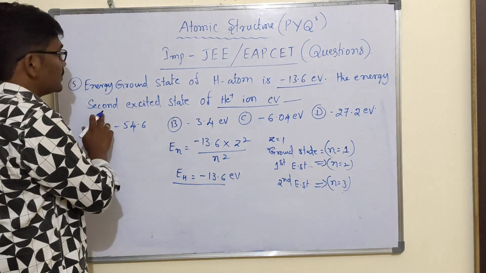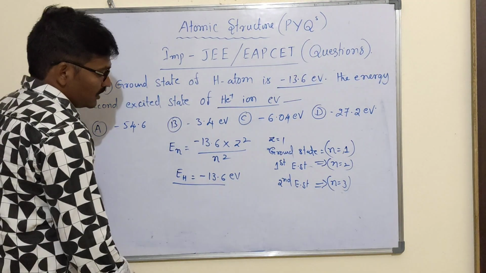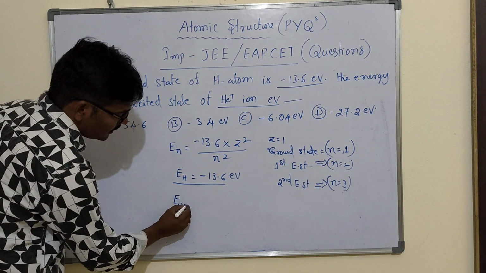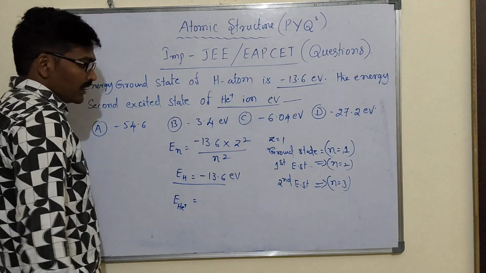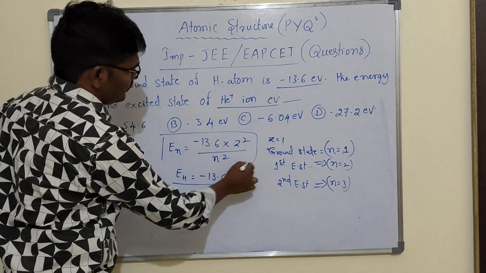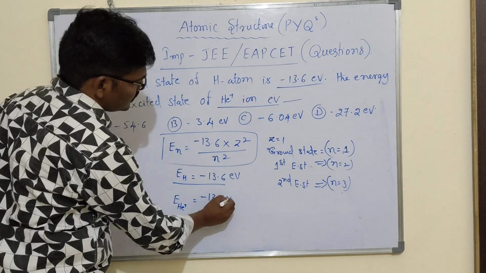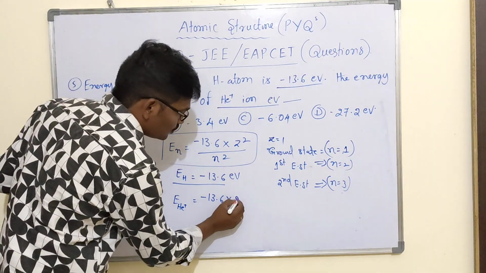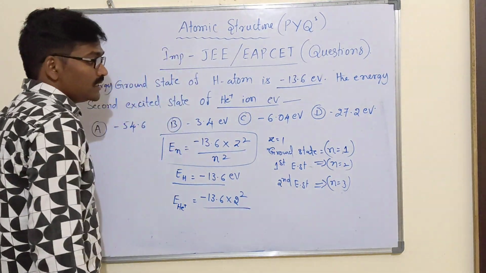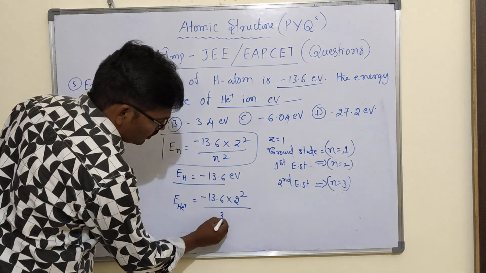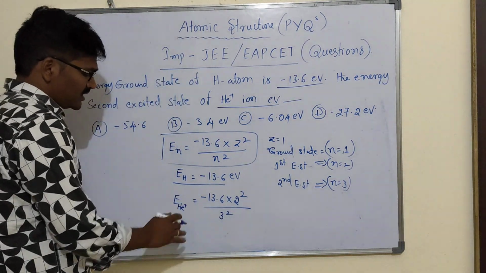Next, they are asking the energy of the second excited state of helium. So for the energy of helium plus ion, the same formula you have to take: minus 13.6 into Z value. Atomic number for helium is 2, so 2 square divided by, for the second excited state, n value how much you have to take? 3, so 3 square, that is 9.